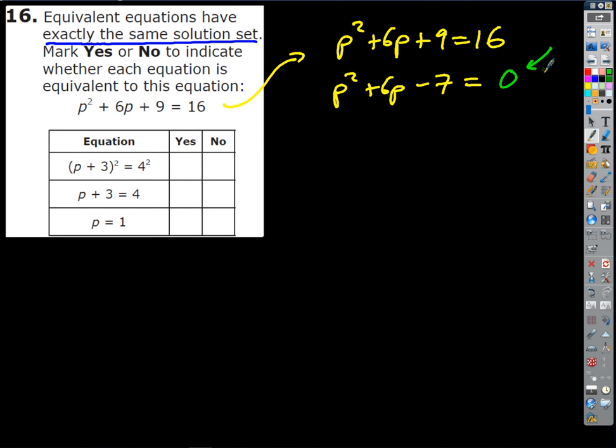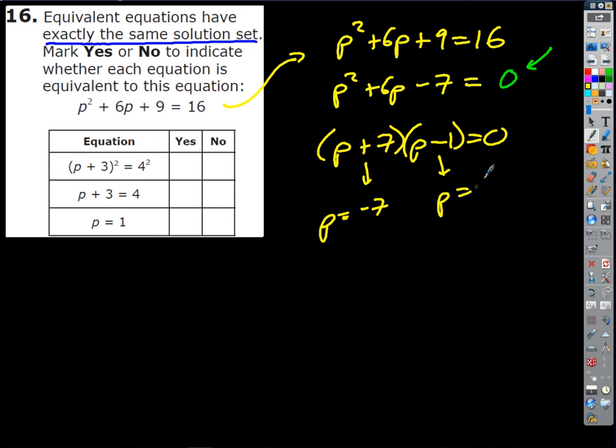Got to get a 0 there. Are there magic numbers? 7 and -1. So p plus 7 times p minus 1 equals 0. So my solutions are -7 and +1. Those are my 2 solutions.